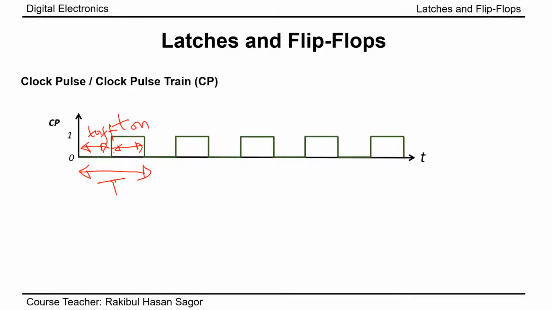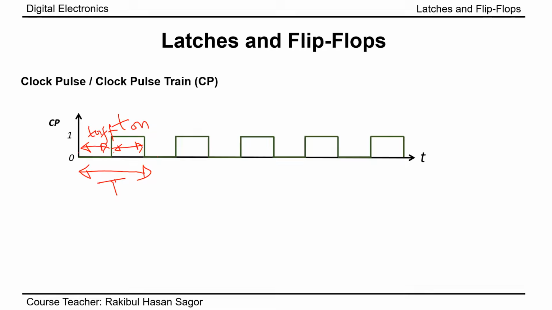We know a term, we learned it from our electronics course, that is the duty cycle. Generally clock pulse has 50% duty cycle. What is duty cycle? Duty cycle is nothing but T on over big T, that is T on over period.